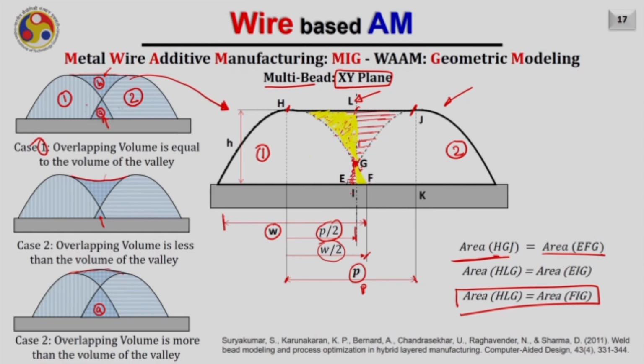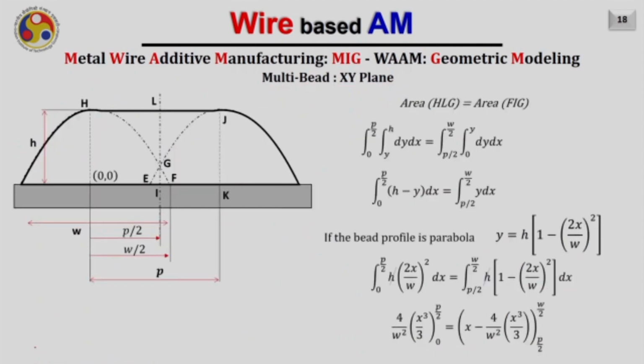If these two areas are equal, then definitely you will be having an optimal step over, and as a result you will get a flat shape or the flat top on the overlapped area. So for that, let us find out the area HLG and area FIG.